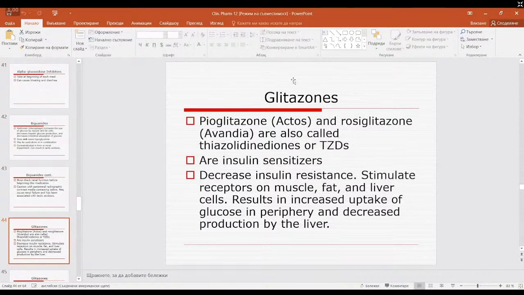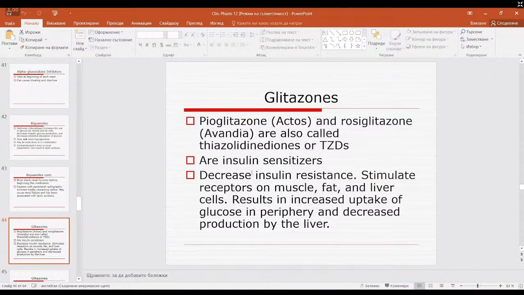The glitazones, which are also called thiazolidinediones, like pioglitazone and rosiglitazone, are rarely used drugs nowadays because in people with heart failure, they have been shown to increase the risk of cardiovascular events. And as you know, a lot of people with diabetes have cardiovascular issues.